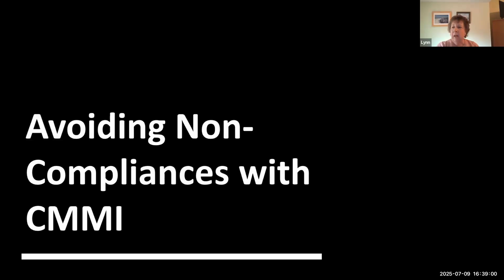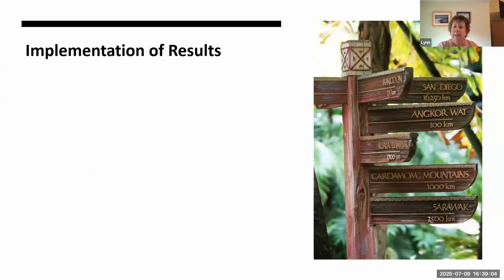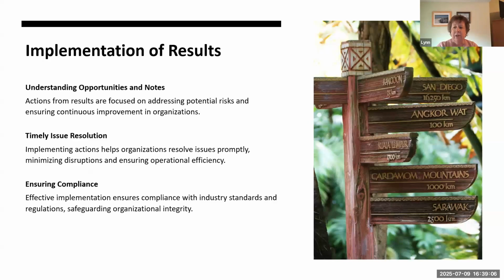So, how have we talked about this? Well, a big thing in the implementation of these results in the risks is understanding the opportunities and notes. Okay. Mention that those actions do not have to be taken. It's totally up to the organization if they want to act on the opportunity, if they want to act on the note.